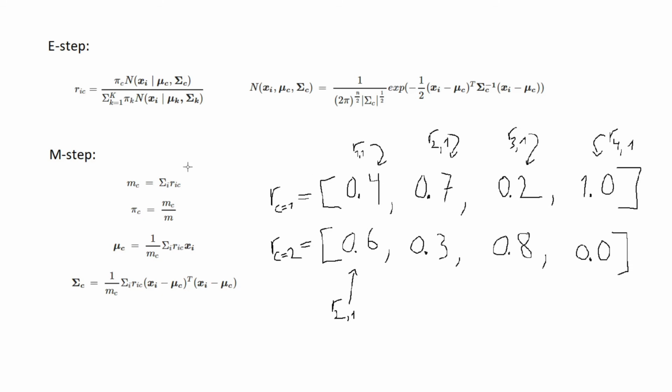So when we go into the maximization step here, we have these scary looking formulas. But what we're actually saying is that we have MC here, and that says, okay, let's sum these values for this certain RC equals to 1 for that cluster and all its values, that's all it's saying.